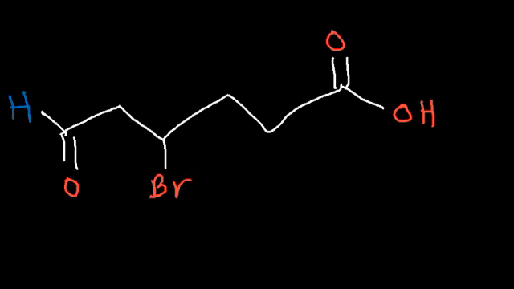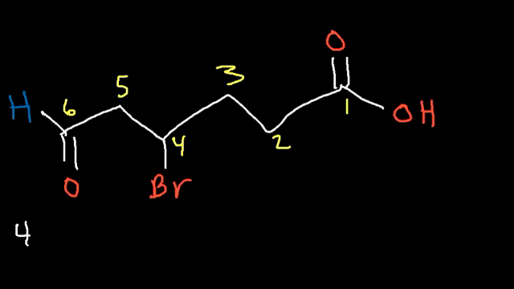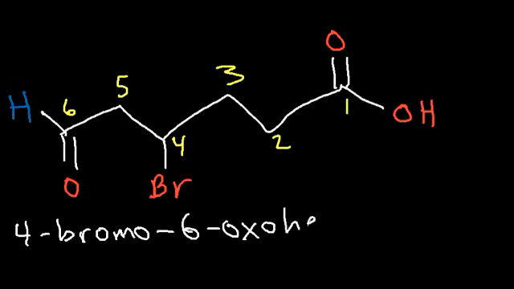The carboxylic acid has more priority than the aldehyde, so it's going to have a number of 1. So then this group is now the substituent, so it's going to be called oxo. But B comes before O, so let's start with bromo. This is called 4-bromo-6-oxo, and then hexanoic acid, since we have a carboxylic acid.